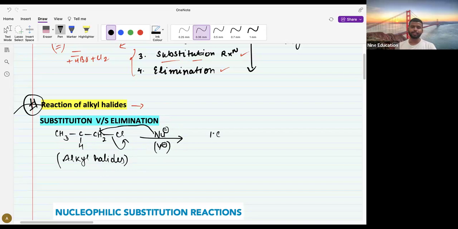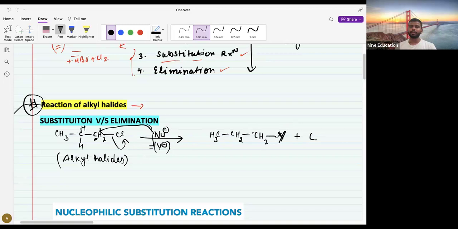Here we have CH2, with one hydrogen also. The nucleophile Y negative goes and attacks the carbon and removes the Cl from here.